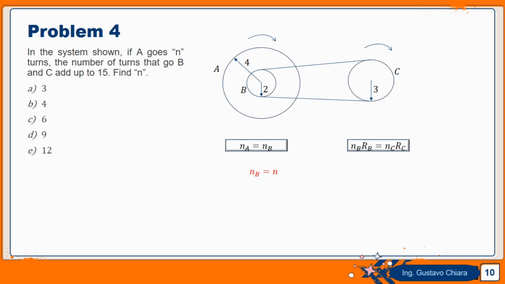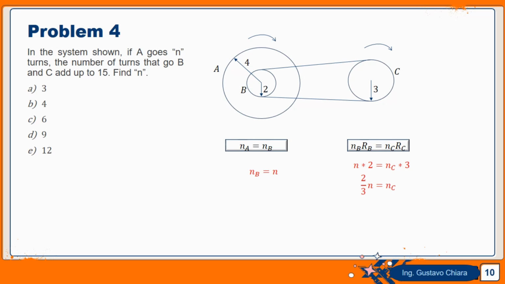On the other side, we get two discs connected by a belt, and so we use this formula: the number of turns multiplied by the radius is equal to the number of turns multiplied by the radius. So replace, we get this, the number of turns of B, remember that is the value of n.